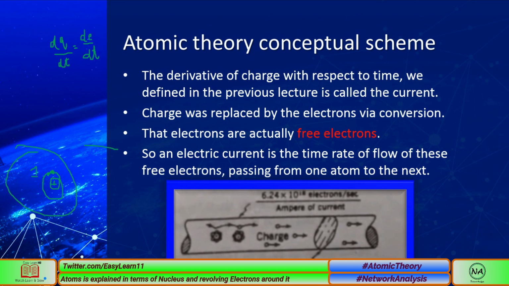Second category: those electrons which get rid of the nucleus, those in the excited state. For example, this electron right now is in an excited state, and this is called a free electron.